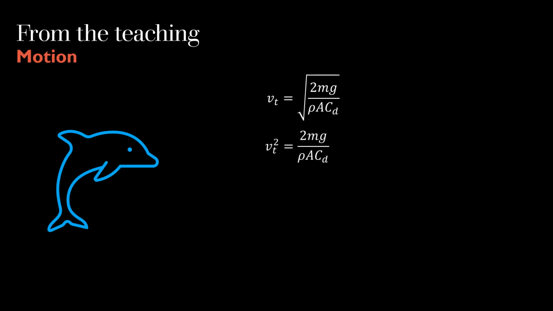So we need to take away that square root by squaring the velocity. That looks a bit nicer. We then need to cross multiply so that we have the velocity squared multiplied by the term on the bottom, rho A C sub d, which is equal to 2mg. And then we can pull across the 2g so that we can find the mass.